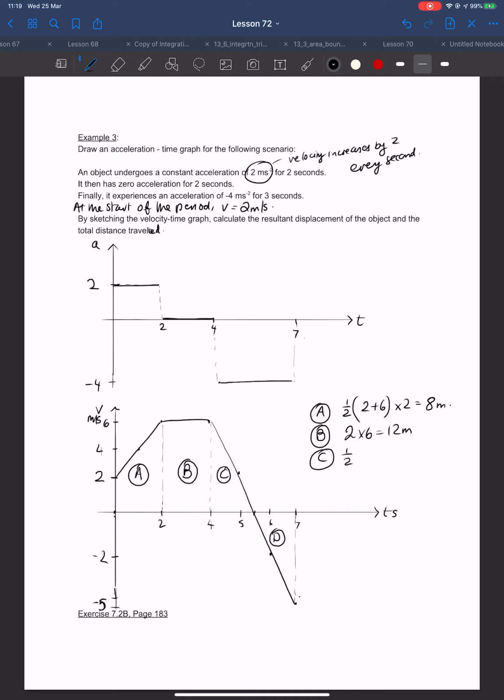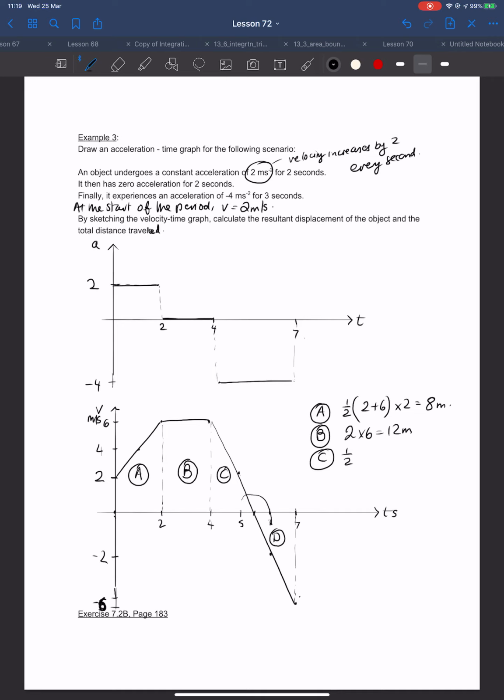base. Now, that's not drawn very accurately, but sorry, that's -6, not -5, because it goes down by 4. The acceleration is -4, so it's got to go from 6 to 2 to -2 to -6.